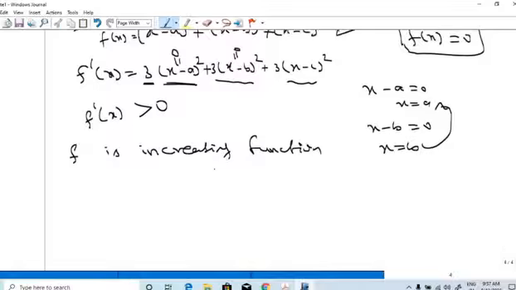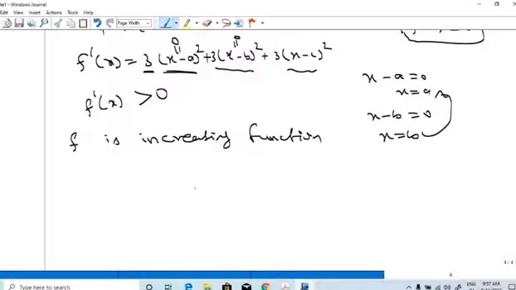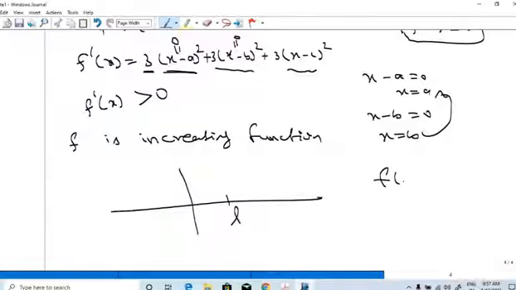But we know that this f has degree 3, therefore it has at least one real root. Assume this is some L. So L is a root of f. Therefore the function f passes through the point L. Because we are assuming increasing, maybe the function looks like this.